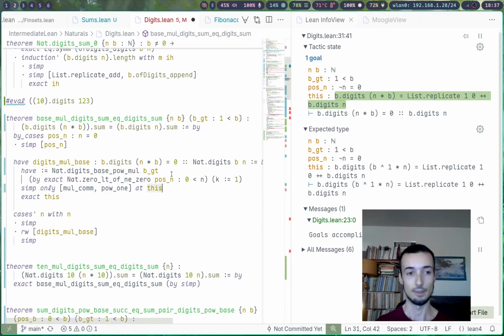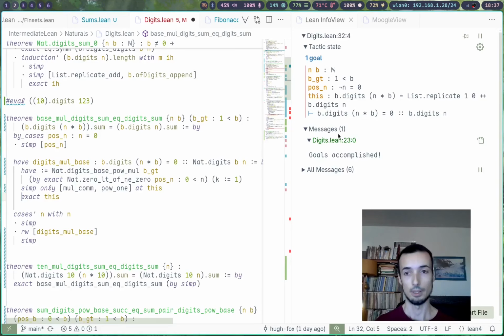So we can say exact this at this point, and that closes the goal. Just to clarify, a function that evaluates to something is reflexively equal to that something in Lean, because refl and exact, which runs refl for you, are computing the actual value and fully simplifying the function if possible.